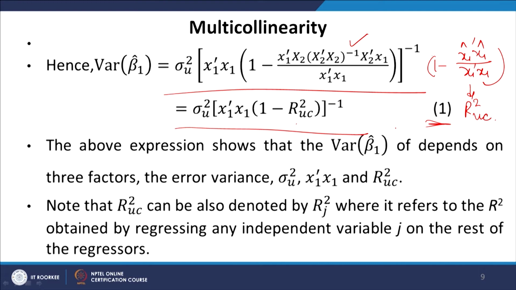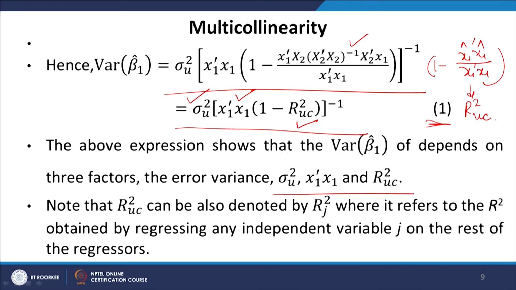The above expression shows that the variance of beta 1 hat depends on three factors. First, the error variance. Second, x1 prime x1, which is the total sum of squares of x1. And third, the uncentered R square. These are the three things on which the variance of beta 1 hat depends.